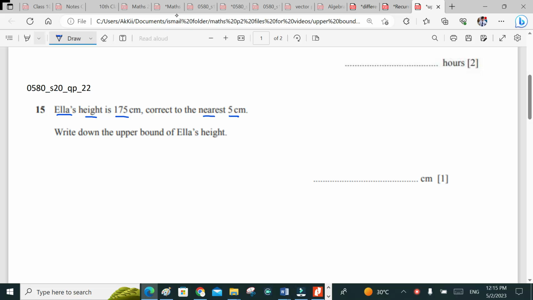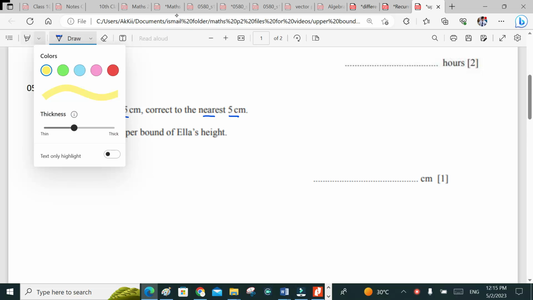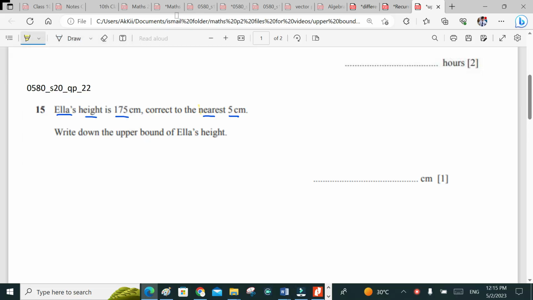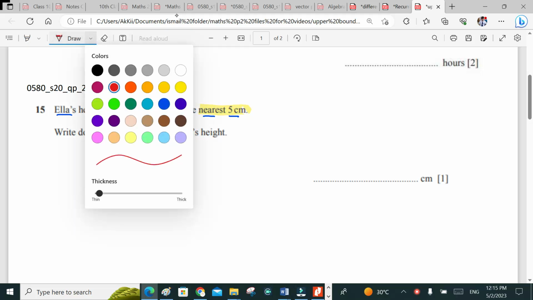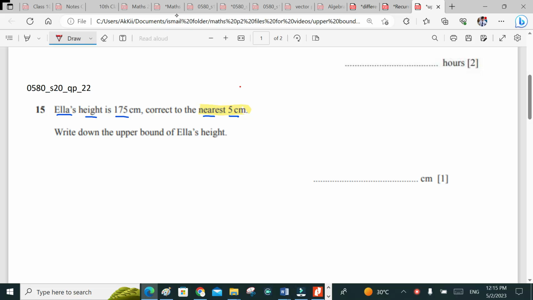Always see that when this type of number is given, that is, correct up to the nearest 5 centimeters, the basic idea is you have to divide this number by 2. That is 5 divided by 2, you take half of it, so it will be 2.5.